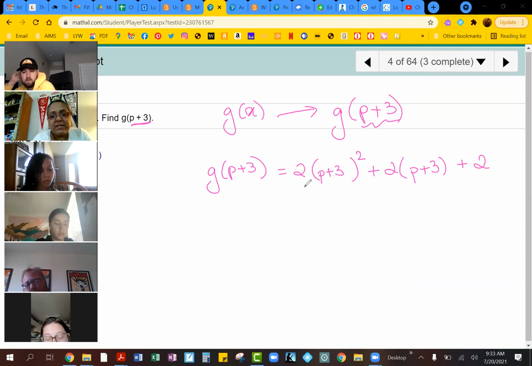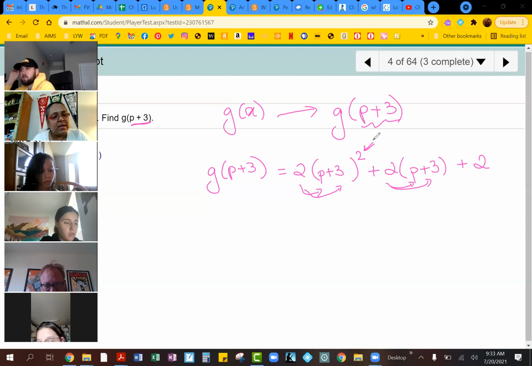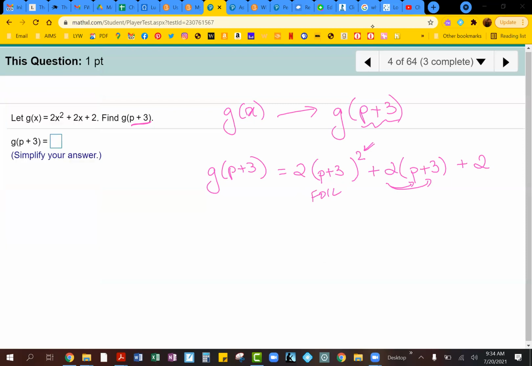So before you can distribute that 2 inside the parentheses on that first part, we actually need to take care of the exponent first. Again, following, please excuse my dear Aunt Sally. So exponent before multiplication. So that's what we need to do here first, is go ahead and FOIL, as Tiffany mentioned, and then we can bring in that 2 times inside of it.